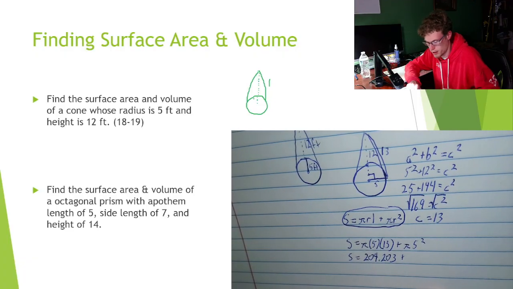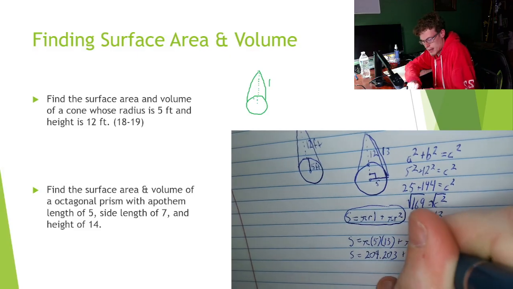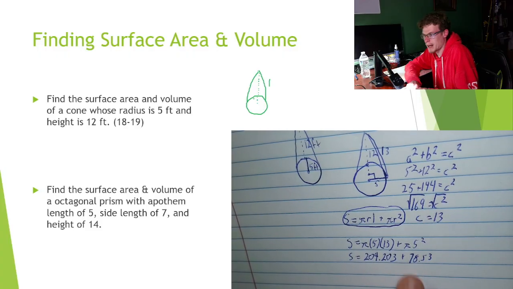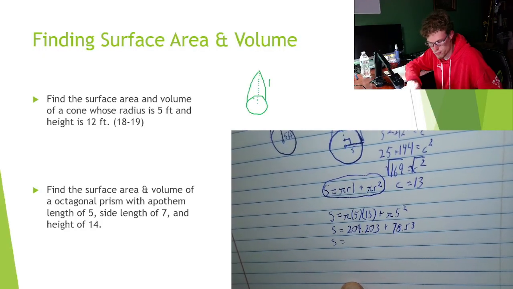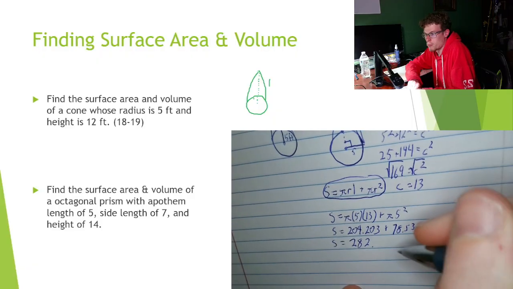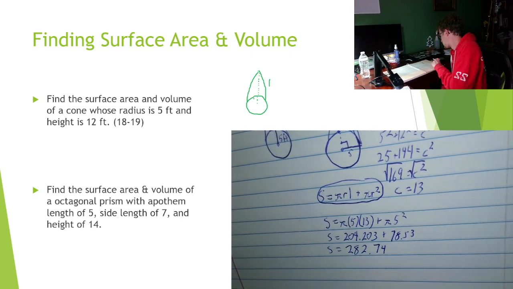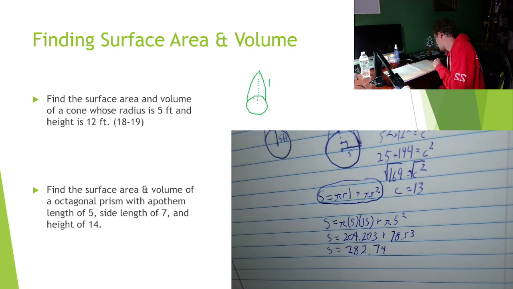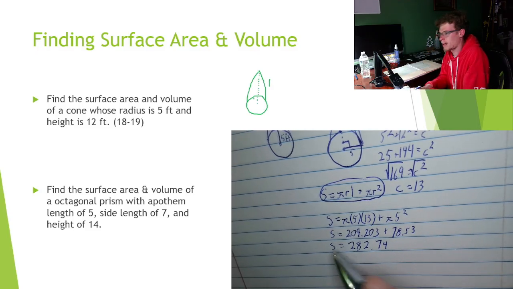Plus pi 5 squared, which is 78.53. And then when I add those together, I get my surface area of 282.74. So that's my surface area for that cone. And again, checks out. All right, so from there, I found my surface area.